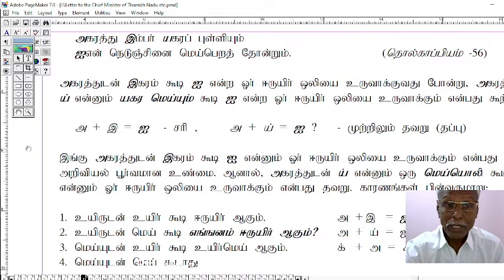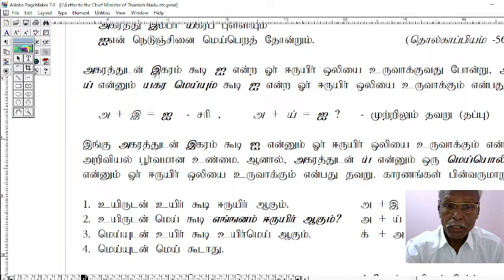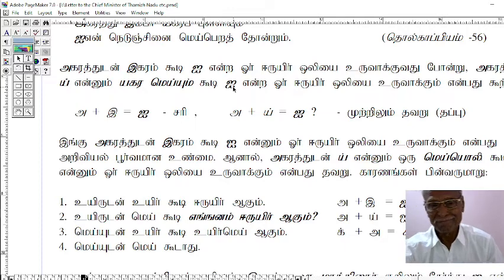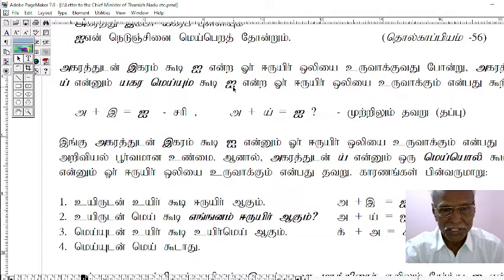That is, as A combines with the E forming the diphthong I, A would combine with the consonant E forming the diphthong I. This definition is not up to the mark. It needs rectification.